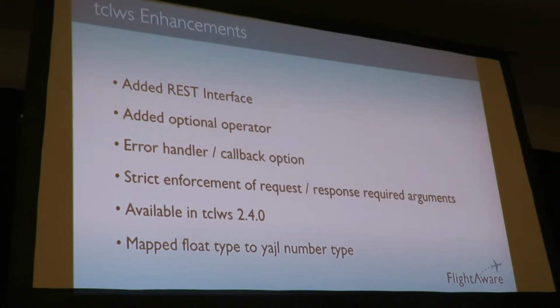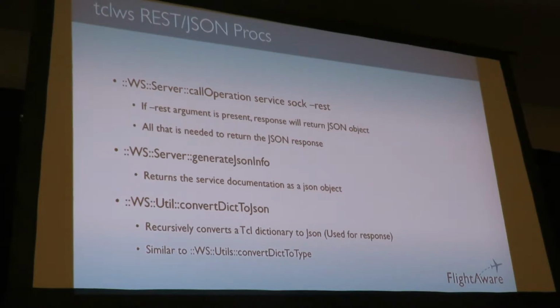So we changed that to map back to a number. And in yajltcl itself, it was just treated as a string with no enforcement on whether or not it was an actual numeric type. So we've added a lexer to yajltcl's number type to confirm that it is a number. I think it will take either a decimal formatted number, or you can specify scientific notation, or I think there's one other option that I've forgotten.